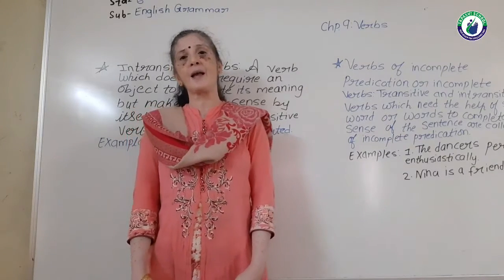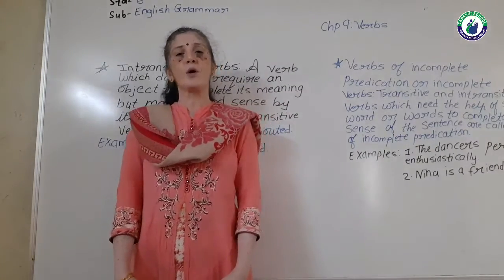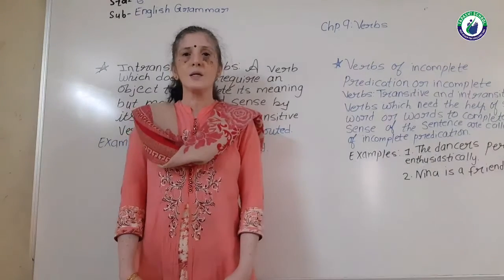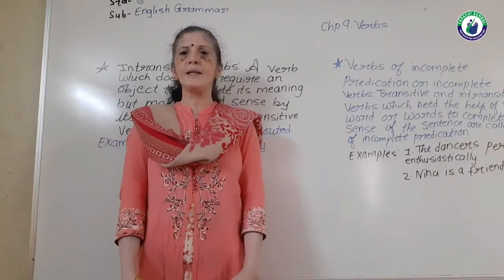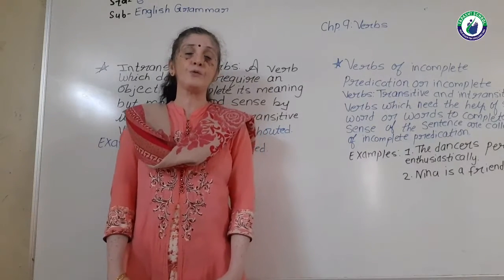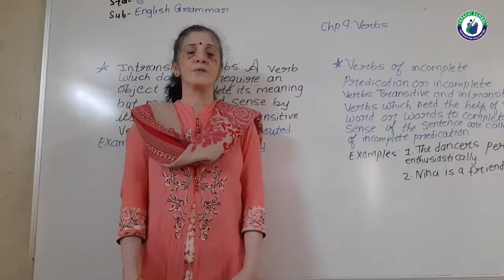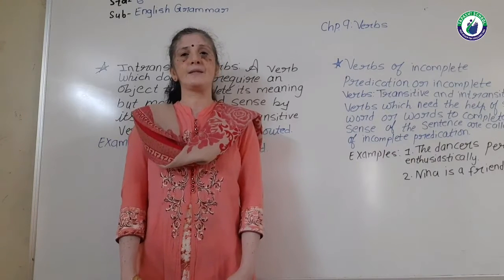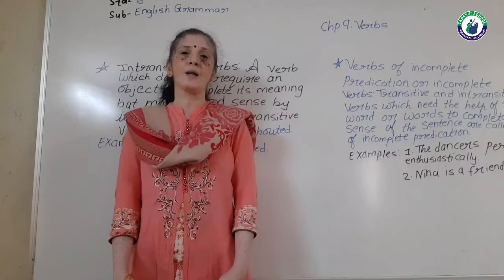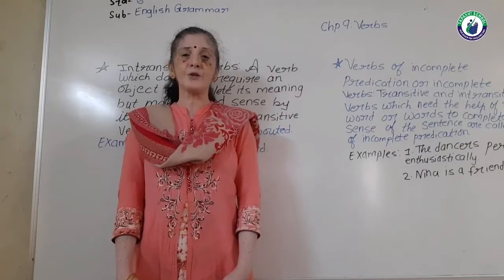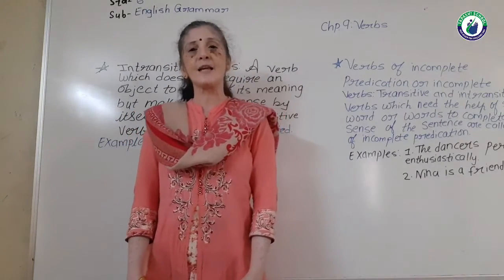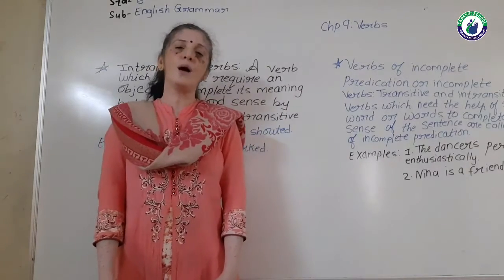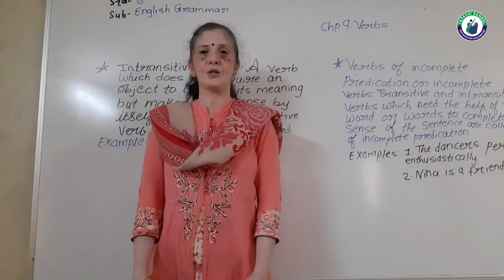If we write the boy is, the book was, so what? The sentence is incomplete. It doesn't give any meaning, right? So we have to add some word to complete the sentence. Those words are called the complement of the verb. But is and was are called the verbs of incomplete predication, right?